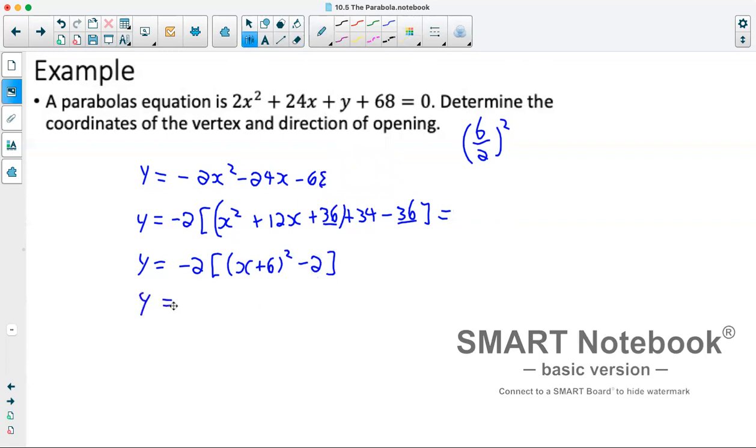So we've got y equals -2 times (x plus 6) squared, and -2 times -2 is +4. So we can see that because this is y equals, it's opening vertically. Because a is negative, it's opening down with a vertex at (-6, 4).